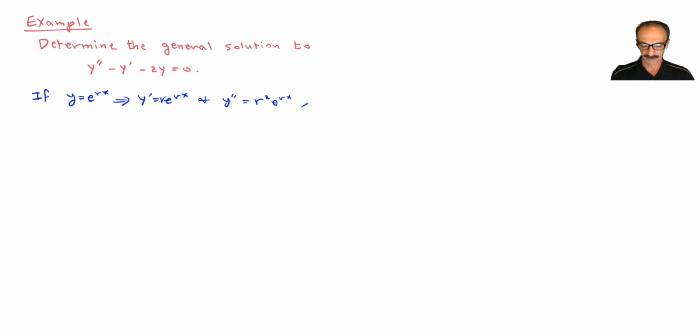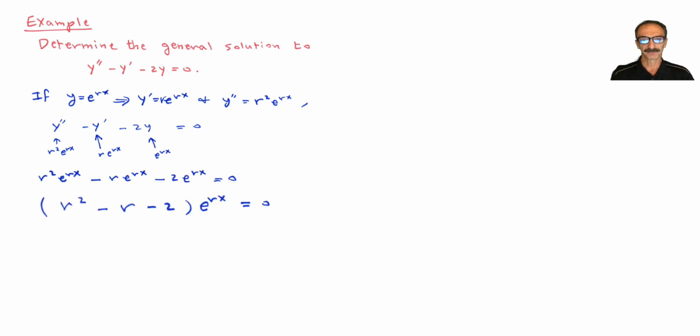And we're going to plug these in the equation one by one. Here's e to the rx, here's r e to the rx, and here's r squared e to the rx. Using algebra steps, simplify, factor out e to the rx, and we get the following.